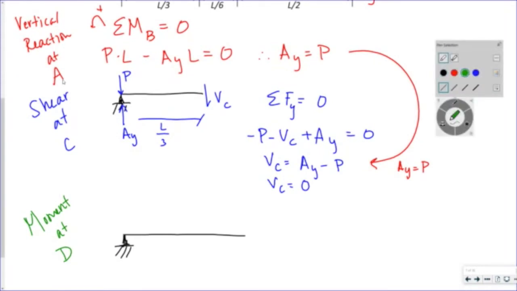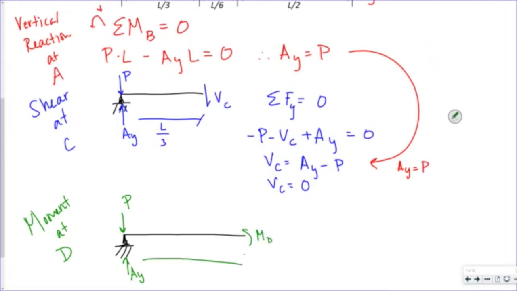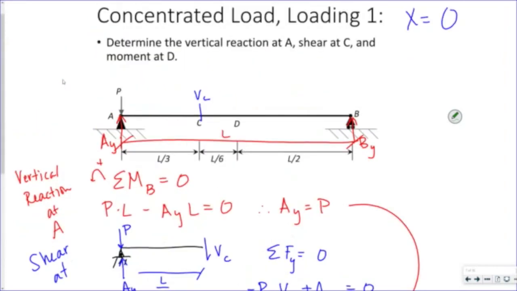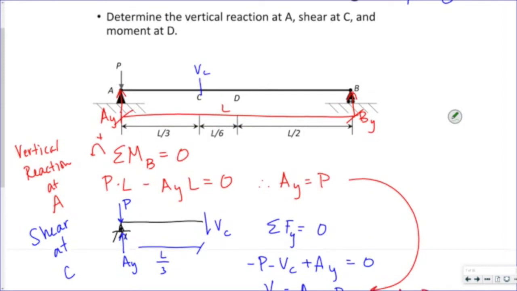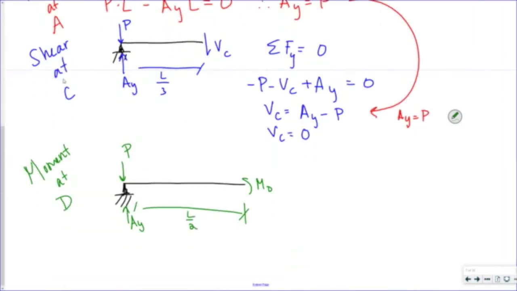My loads acting on it, I have P at the support A, my vertical reaction at AY, and my moment at D, and this length, right, is L over 2. L over 6 plus L over 3 plus L over 6 is L over 2. Okay, let's do the same thing.